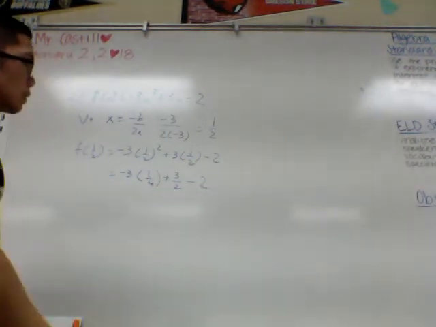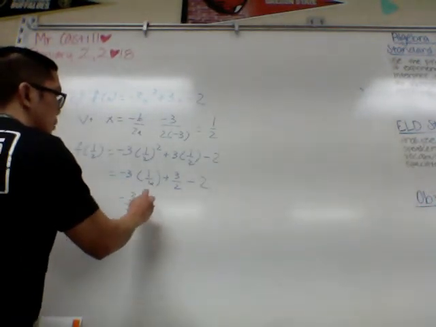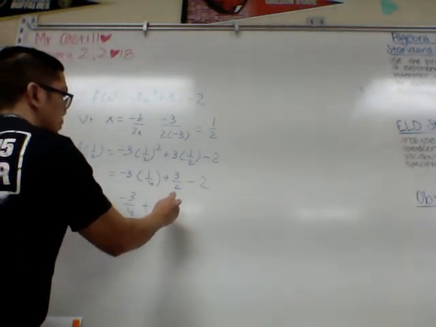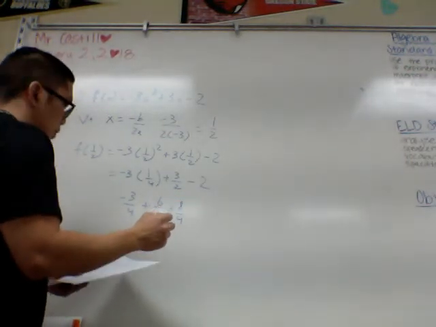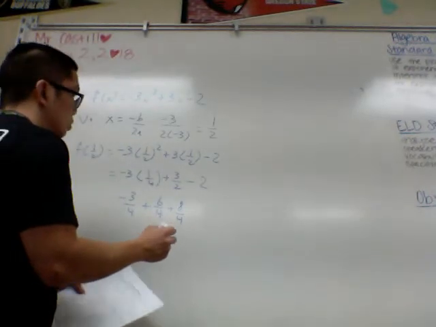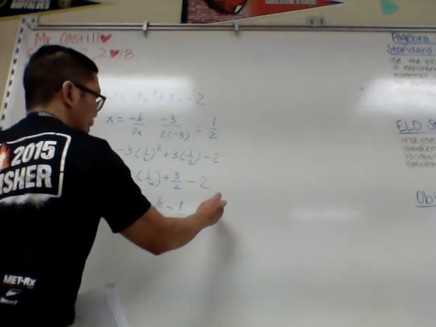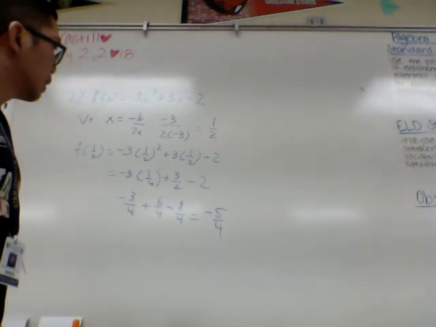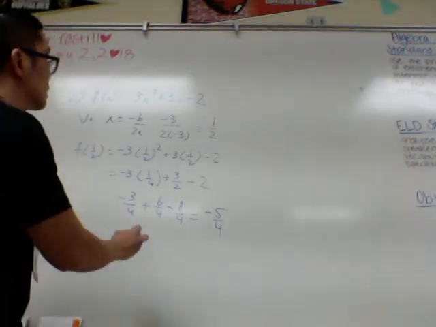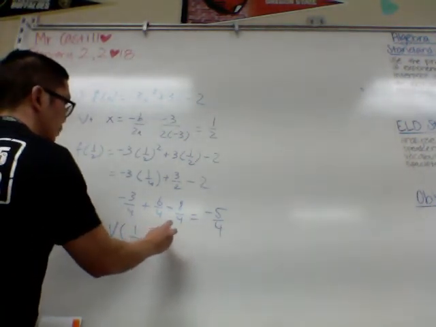I would just change everything to a common denominator, where you have negative 3/4 plus 6 over 4 minus 8 over 4. And so you get negative 5/4. Now, so your vertex here is 1/2, negative 5/4.